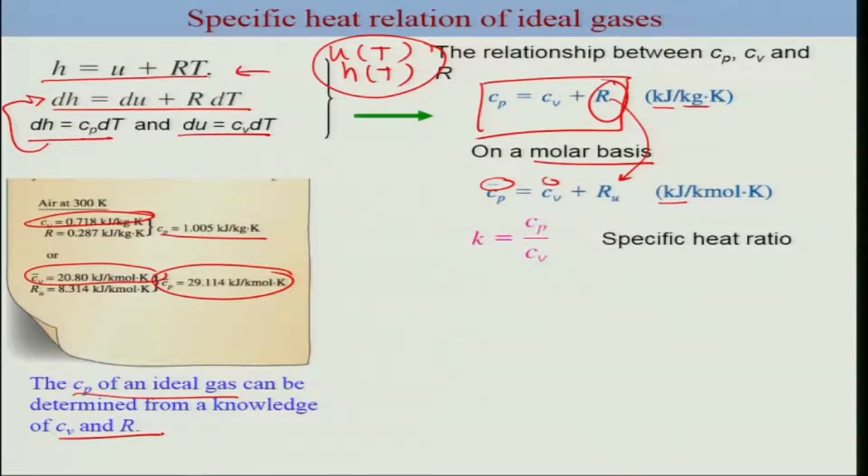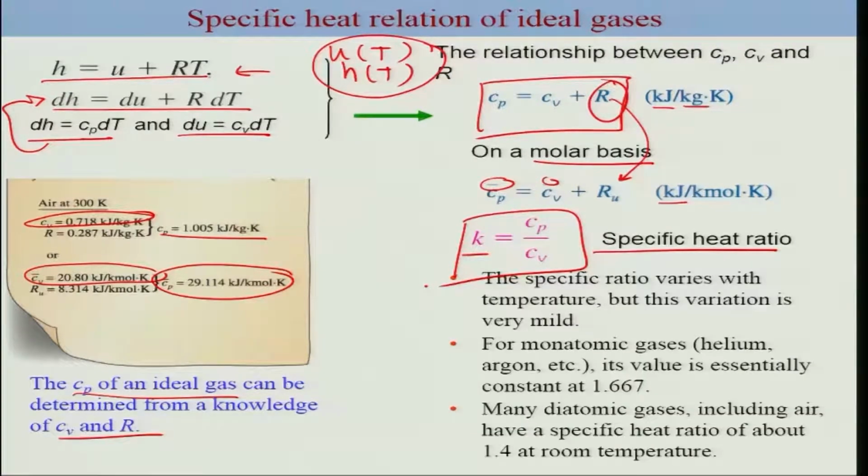One of the important parameters commonly used to analyze gases is the ratio of the specific heats, which is called k. So the specific heat ratio is k equal to Cp by Cv. This is interesting because if you look at this ratio for many gases, it is constant. For example, for monoatomic gas, its value is essentially constant.